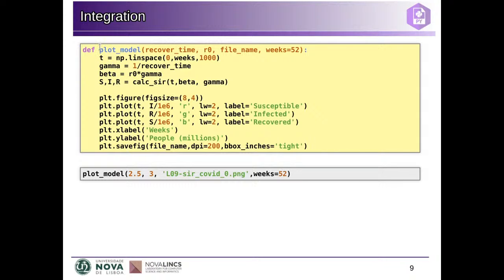So let's create a function where we specify the recover time. So this is the average time in weeks it takes to recover from the disease. We specify the R0, the basic reproductive number, and the file name where we want to export the plot.